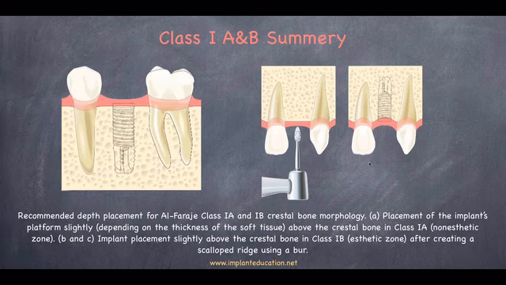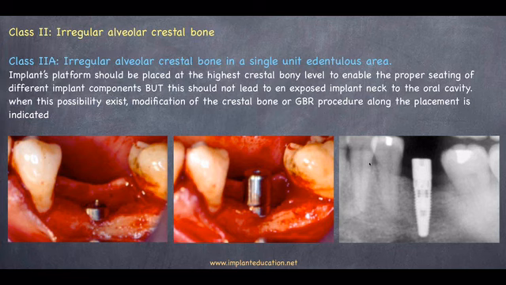Class 2 now, irregular alveolar crest bone. You have irregular bone now, but instead of aesthetic, non-aesthetic, it is single or multi-unit. In case of single, we place the implant flush with the highest bony level. So the bone is irregular, it is single. We do not want to flatten the bone because that would lose more bone. We might end up with pockets next door.